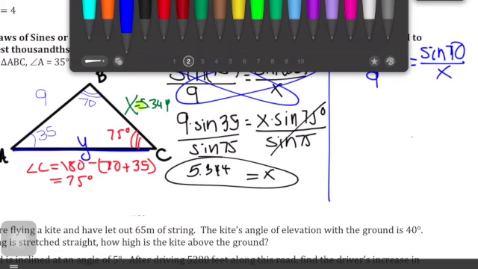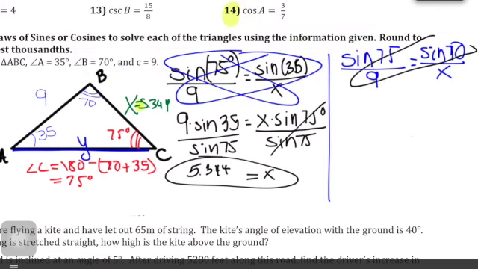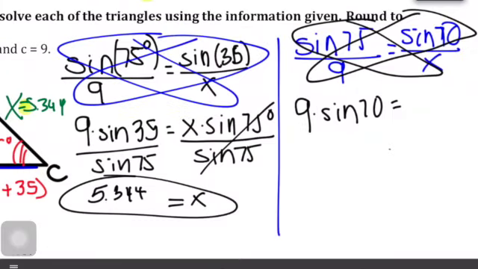Now we're just going to cross multiply. So then I'm going to get 9 times the sine of 70 equals y times the sine of 75. Divide by the sine of 75.